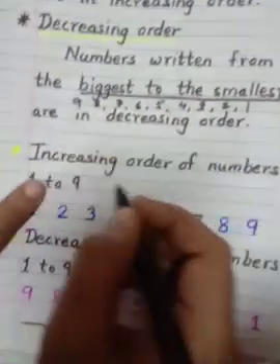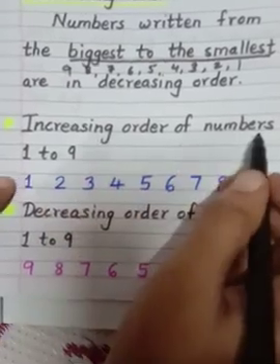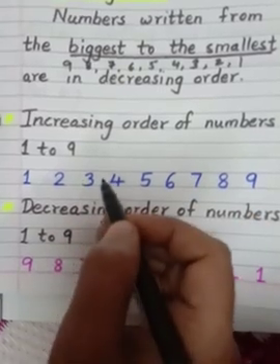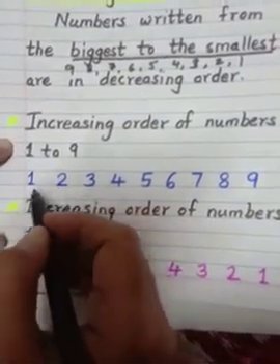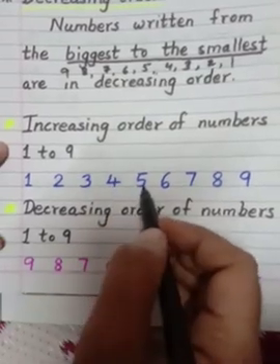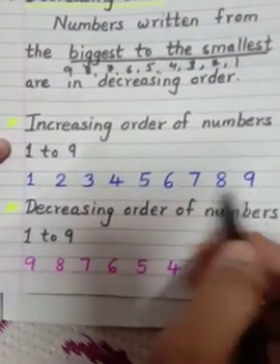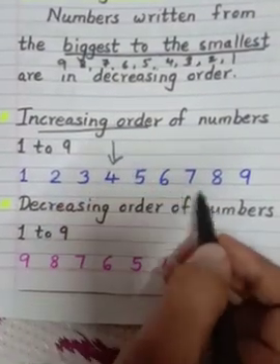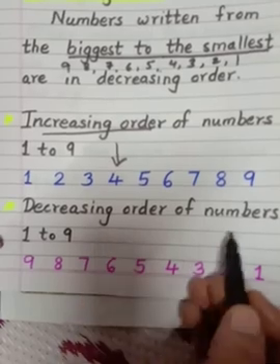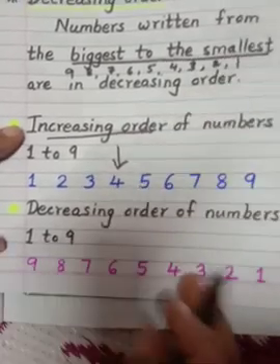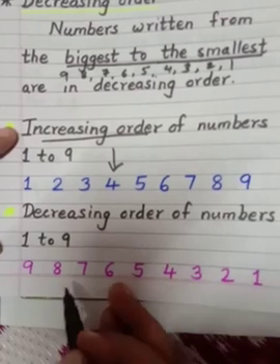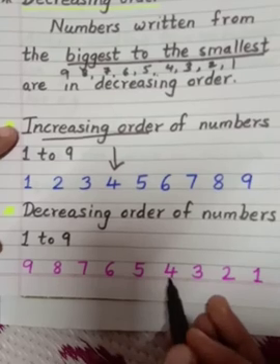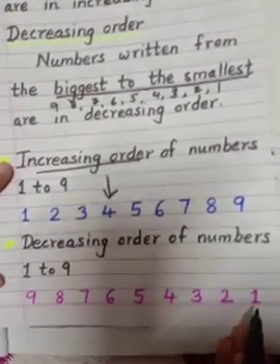Now, let us revise the increasing order of numbers 1 to 9: 1, 2, 3, 4, 5, 6, 7, 8, 9. This is the increasing order. And the decreasing order of numbers 1 to 9, I said, you must write in reverse order: 9, 8, 7, 6, 5, 4, 3, 2, 1.